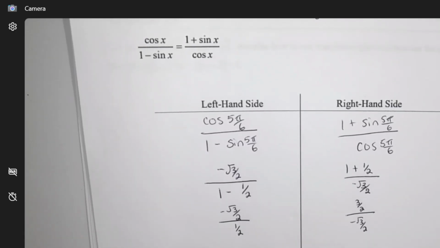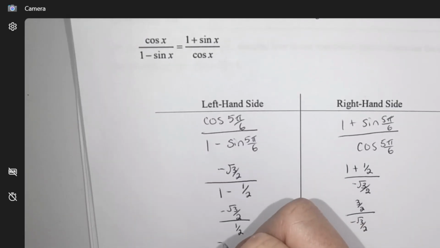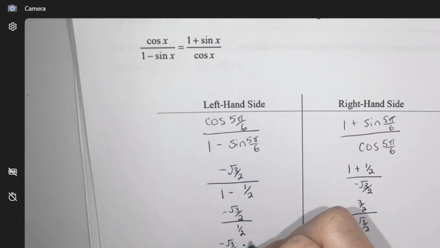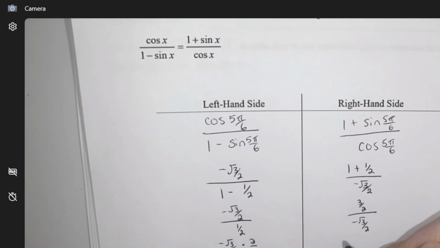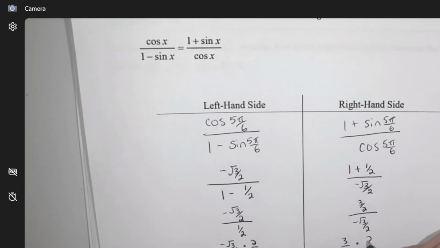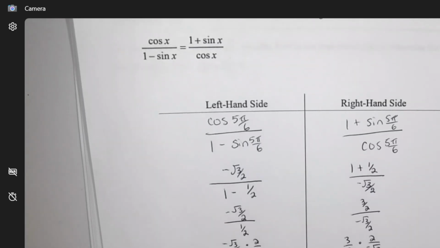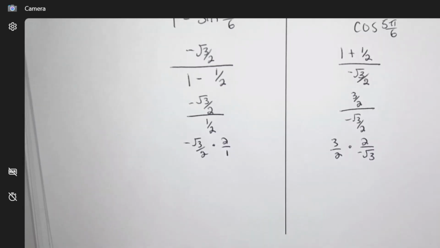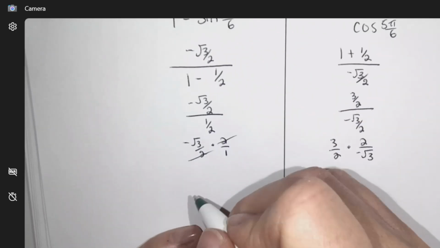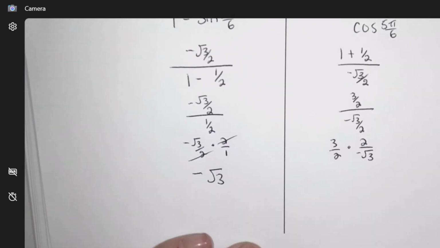Okay, what do you do with fraction divide by fraction? Flip, multiply. Twos cancel.